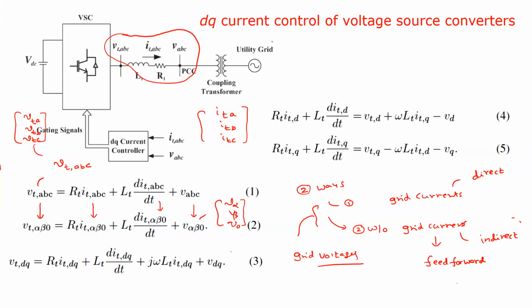This V0 will be present if unbalances exist in the grid. This is how we convert the 3-phase into 2-phase.